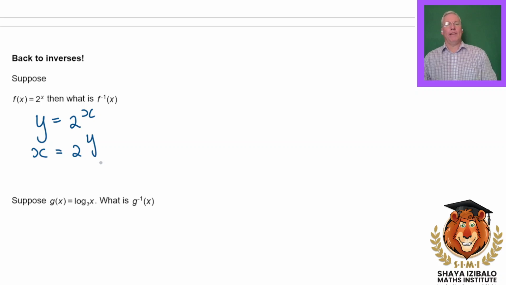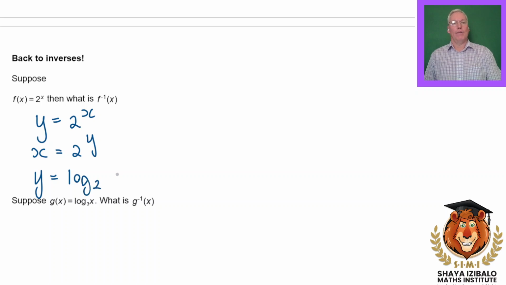That makes perfect sense because we want what were inputs to become outputs and what were outputs to become inputs. Now we get y on its own, and this is where we've got to use log. y equals log base 2 of x. Finally, we write down that the inverse function is log base 2 of x.